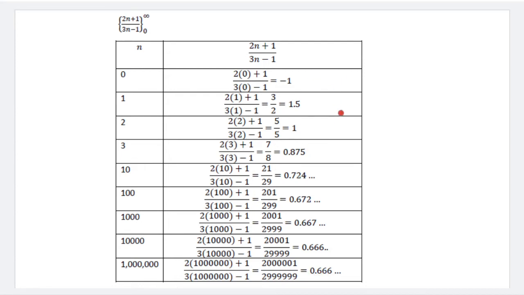However, this is not how we do it in mathematics. We don't just simply put values here. We have to prove, or we have to show, that it really is going to 0.666. Or later on in fraction form, that would be 2/3.